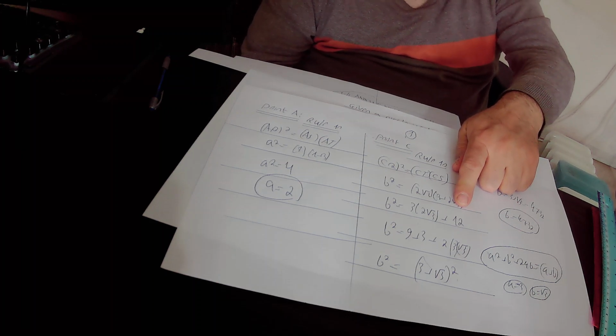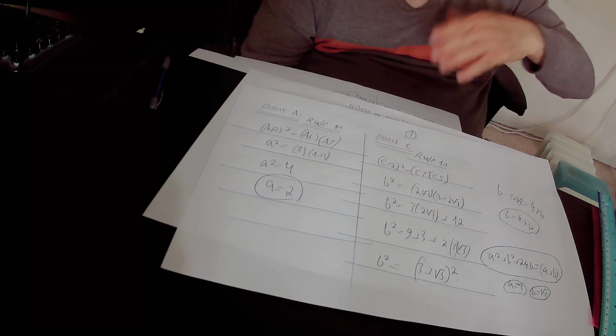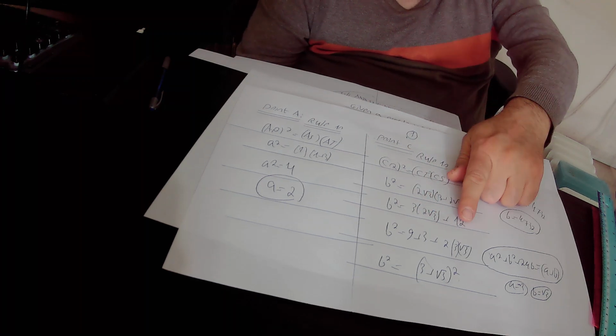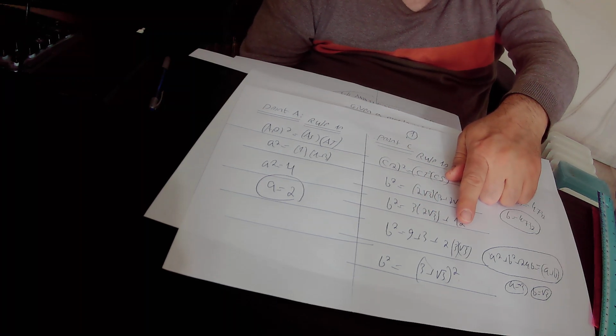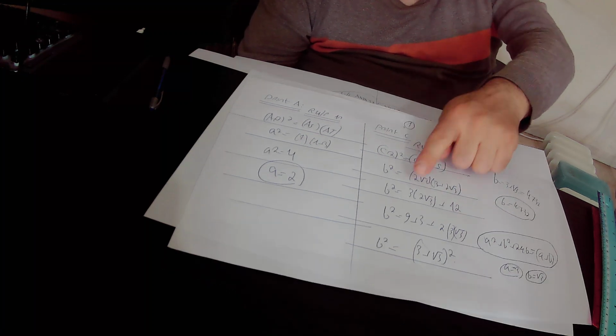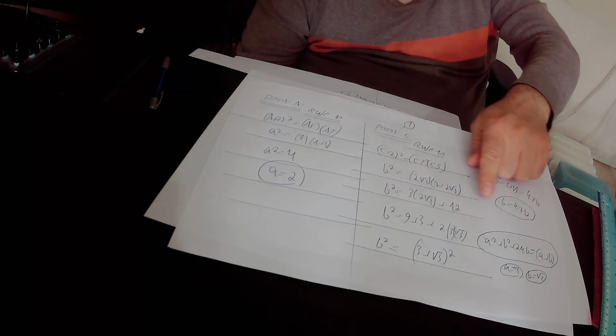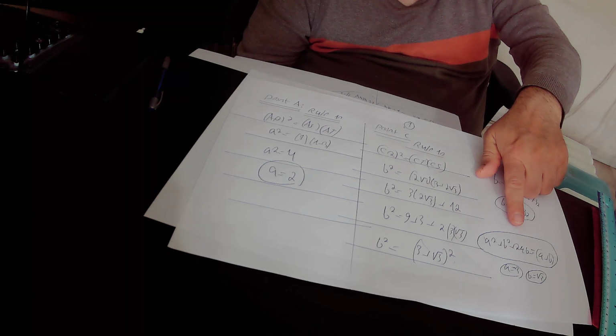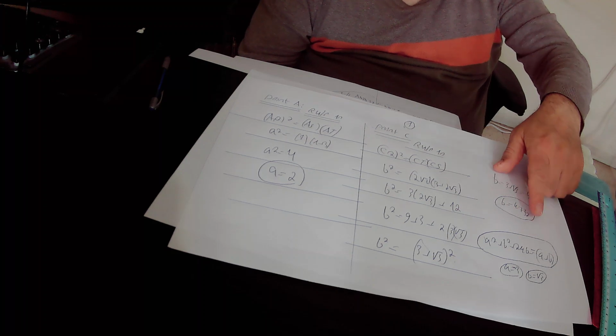Then we substitute 12 by 9 plus 3, so B square equals 9 plus 3 plus 2 times 3 times square root of 3. So this expression is very similar to the expression A squared plus B squared plus 2 times AB, and it equals A plus B squared.